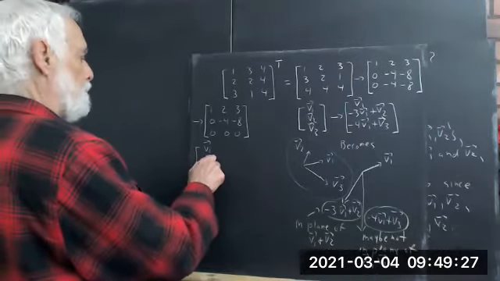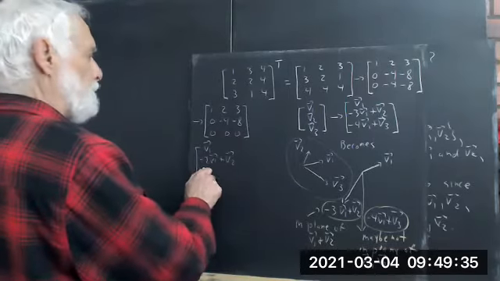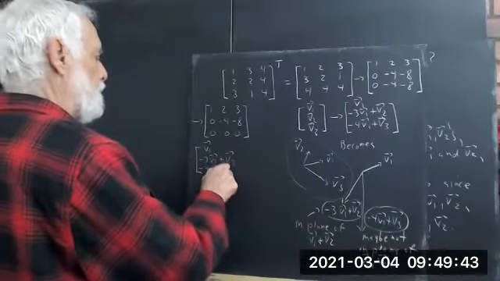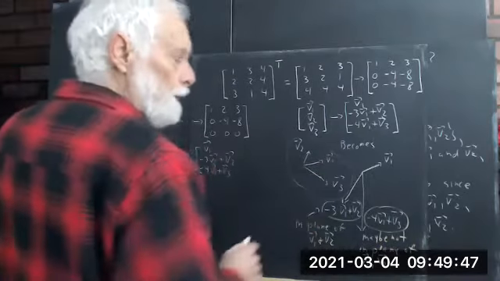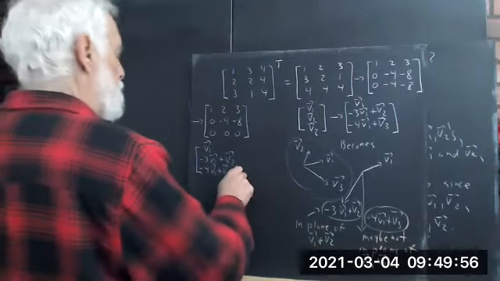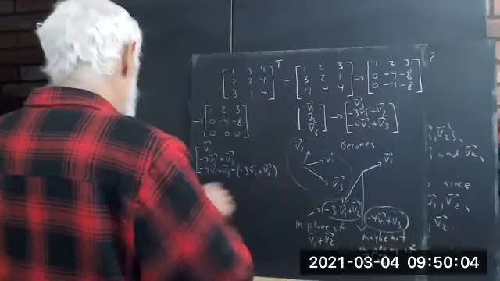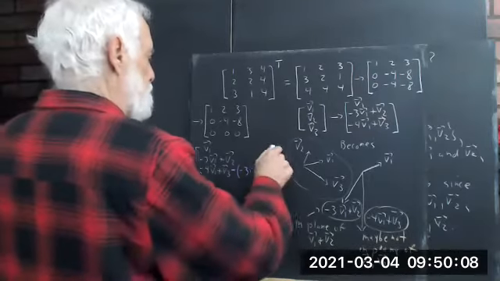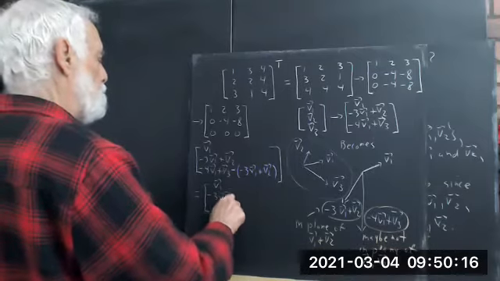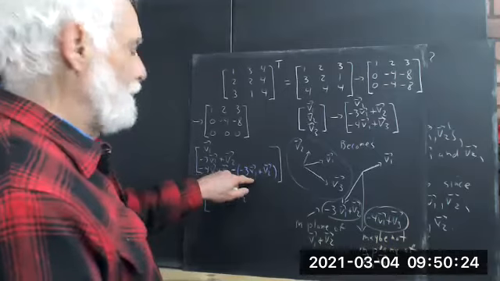What I've got now in this row is the -4 V1 plus V3 that I had here, and then minus -3 V1 plus V2, which of course equals -4 V1 plus V3 minus this.